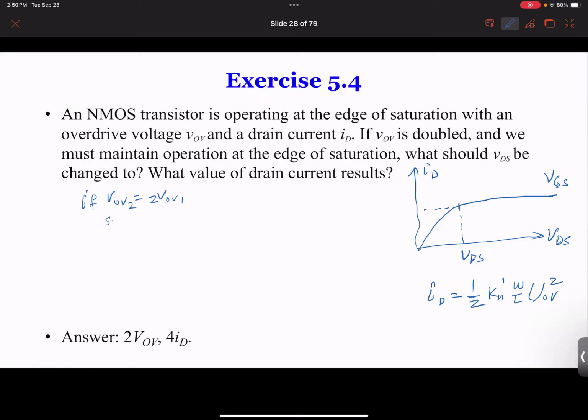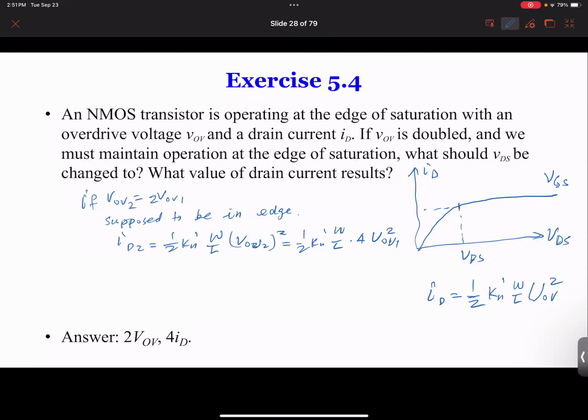If it is supposed to be at the edge of saturation, now what you have is ID2 equal to 1/2 Kn prime times W over L times VOV2 squared, and it's going to be 1/2 Kn prime W over L times 4 times VOV1 squared, because VOV2 is 2 times VOV1.